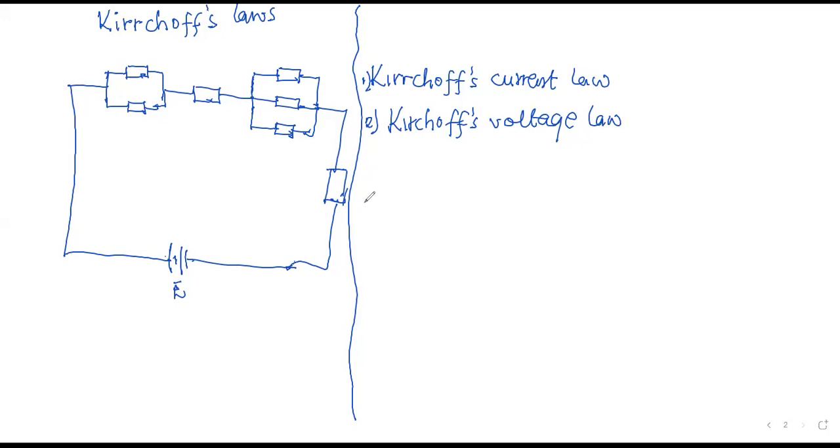Kirchhoff's current law is what was stated earlier, that whenever you have a circuit and there's a junction, and in physics or electrical systems, a junction is a point where three or more wires or conductors connect. So I'm drawing three resistors and then connecting them in parallel to a source of EMF.